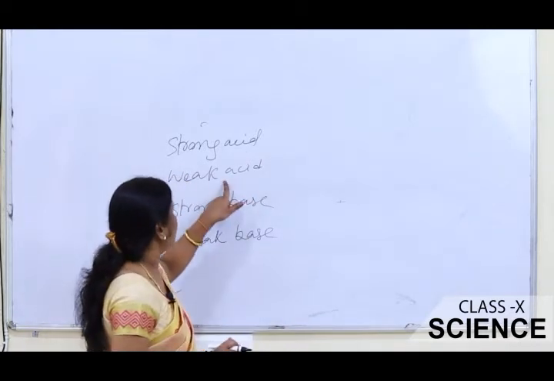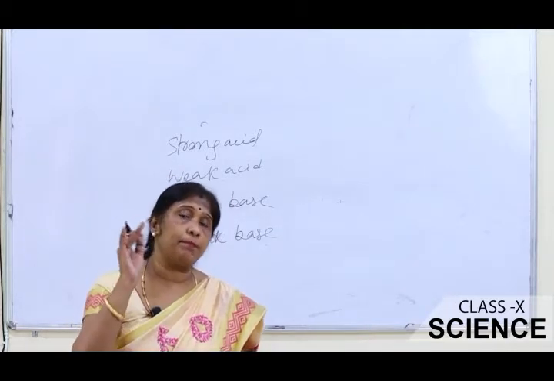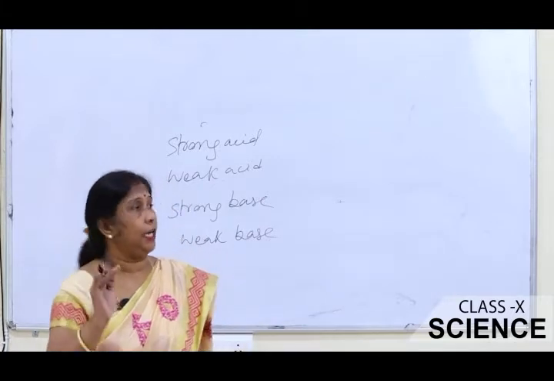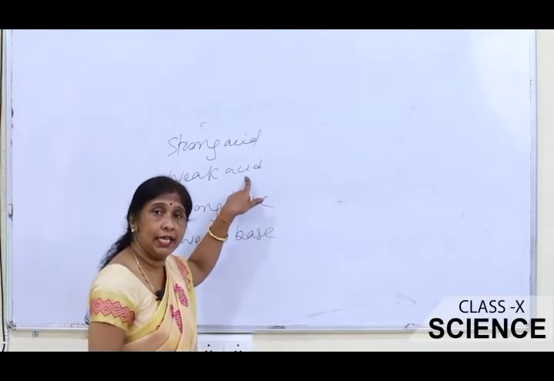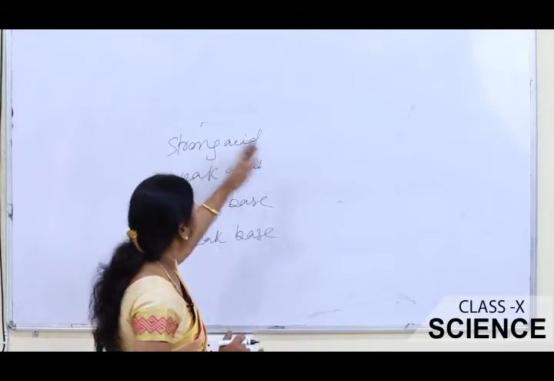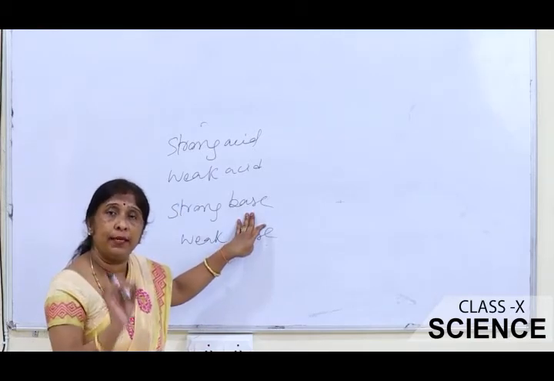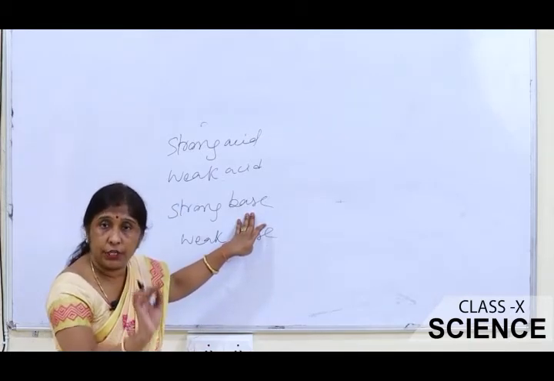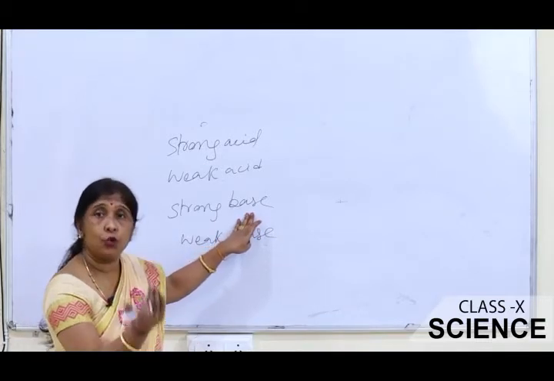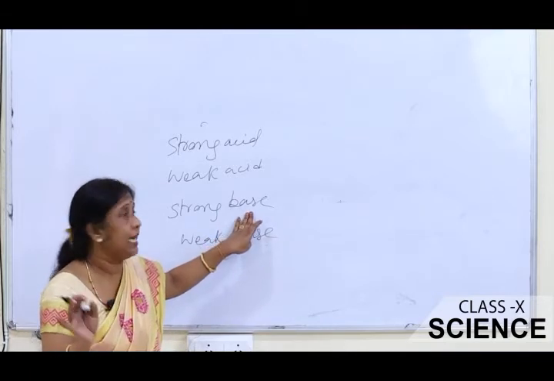And what is a weak acid? A weak acid is an acid that only gets partially ionized to form H plus ions. And the H plus ions produced in case of a weak acid will be less as compared to a strong acid. Similarly, a strong base is a base which gets completely ionized on dissociation with water and produces large OH minus ions.